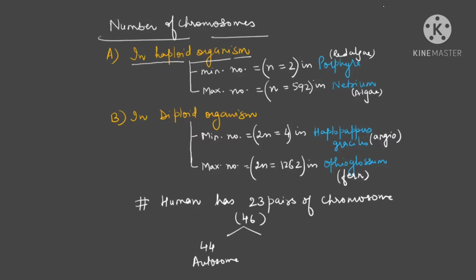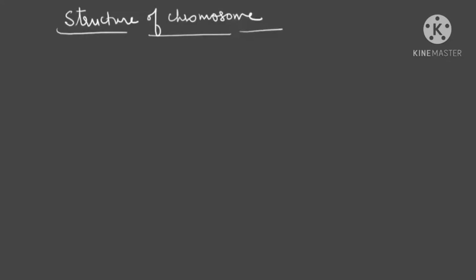The last pair is XX in female or XY in male. This is known as the sex chromosome, also known as allosomes. So I hope the number of chromosomes is clear.